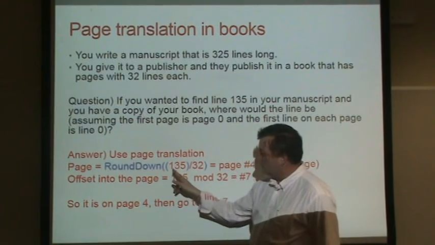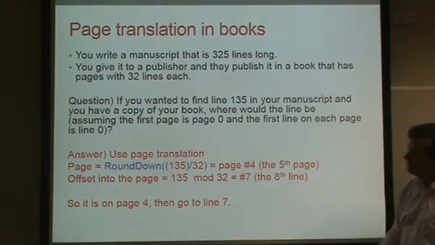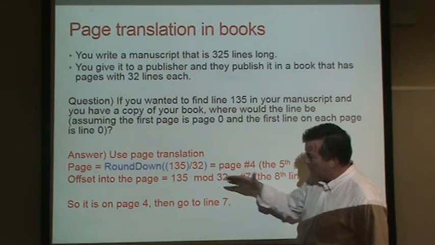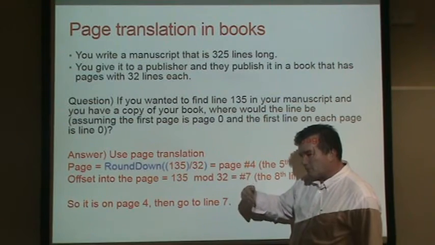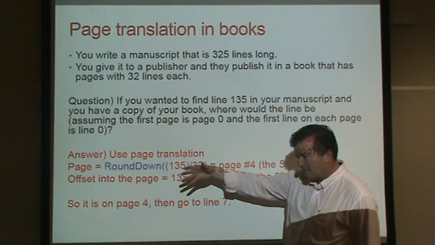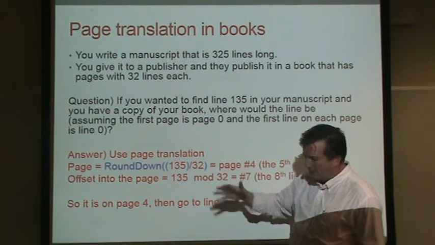So when you got to the number 135, if you asked yourself, where is this line? And your book was published with 32 lines per page, we'd have to do a computation where first we find what page it's on, and then once we find what page it's on, we'd then look at what line within that page we're on.